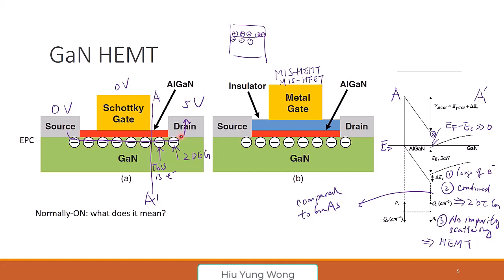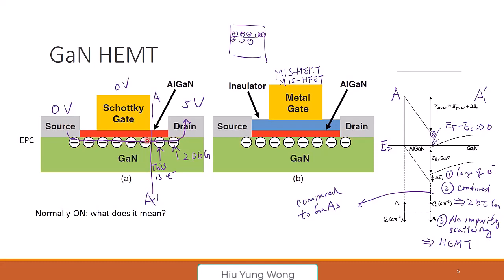No. Yes. Okay, why no, why yes? How about yes first? Why do you say yes? You still have the 2DEG there. You need a more negative voltage to turn it off.